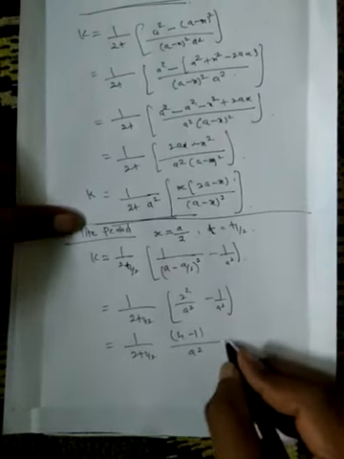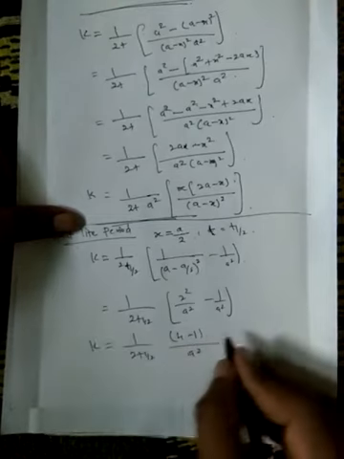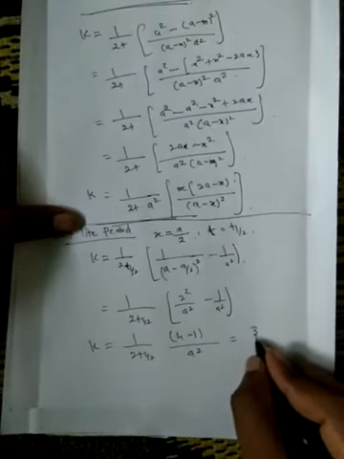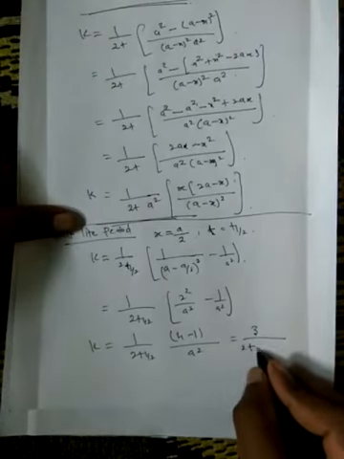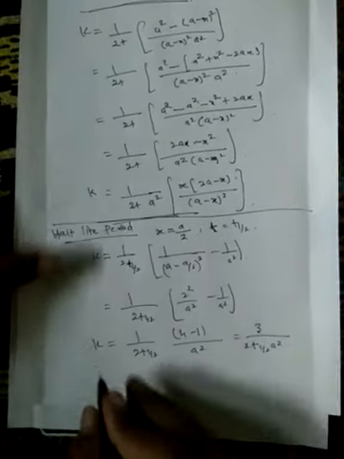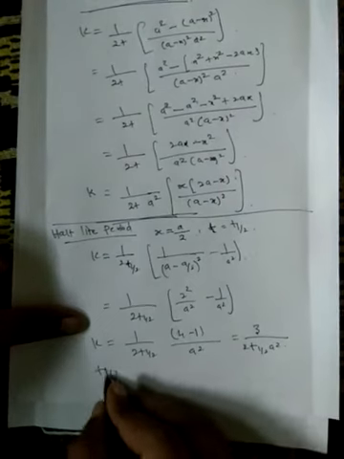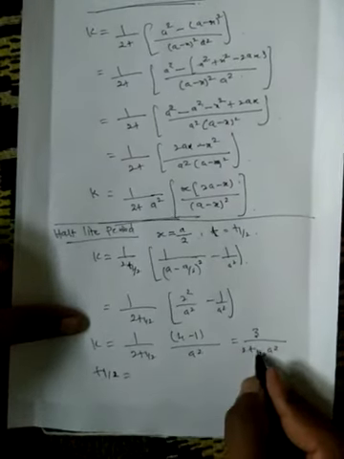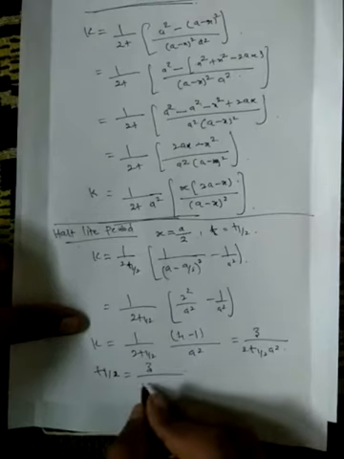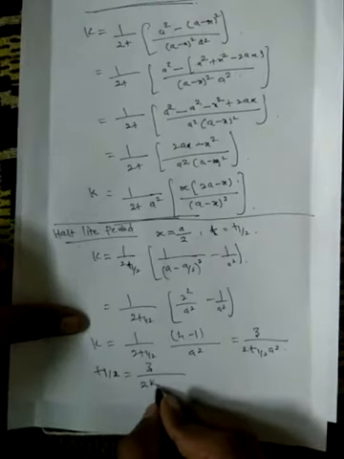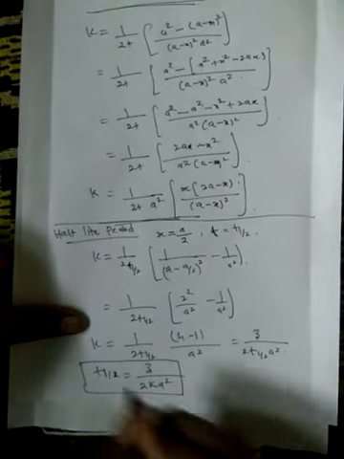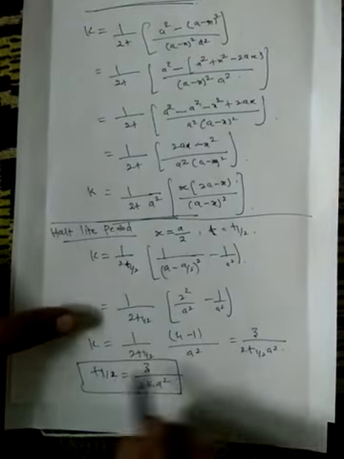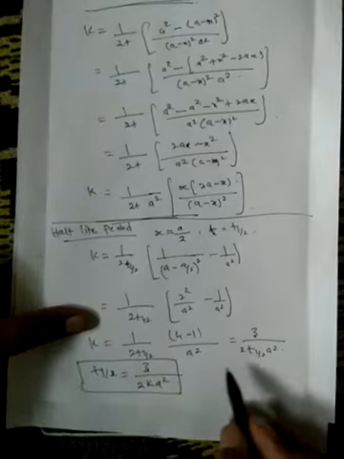Simple LCM. k equal to 3 by 2t half A square. So the t half expression is t half equal to 3 by 2kA square, right? So for a third order reaction, this is the half-life period expression.